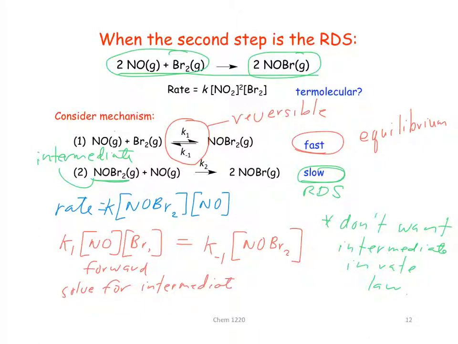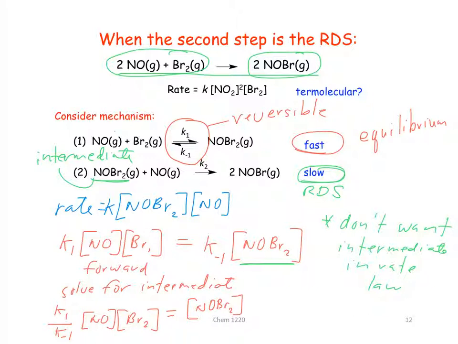Okay, so what do we have to do? Here's our intermediate right here, so we want to get that all by itself. What do we do to get that all by itself? Divide both sides by k minus 1. Then we end up with k1 over k minus 1 times NO times Br2, and this equals the concentration of the intermediate.